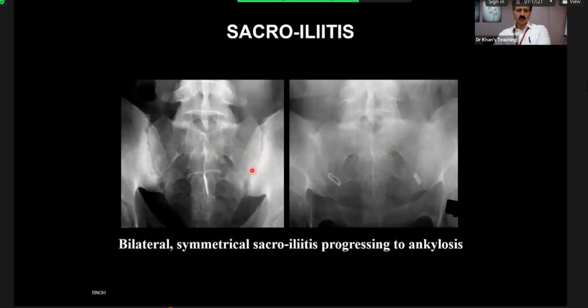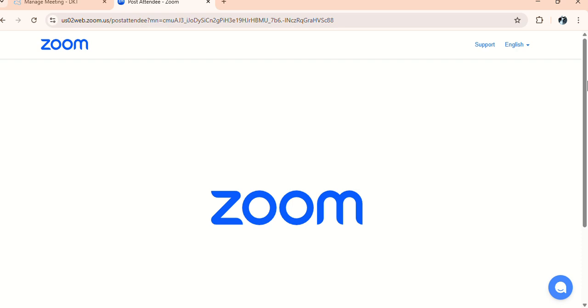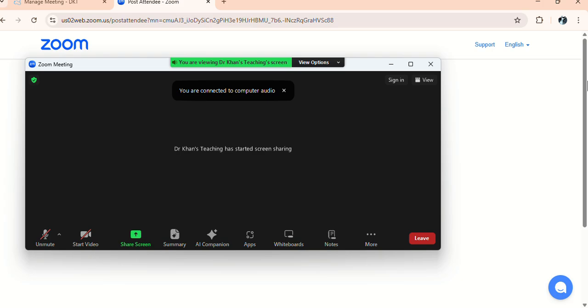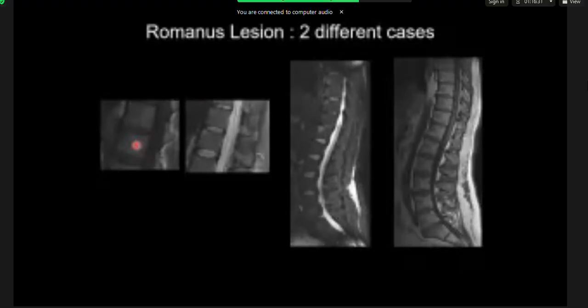This has got spine disease and seronegative arthropathy.